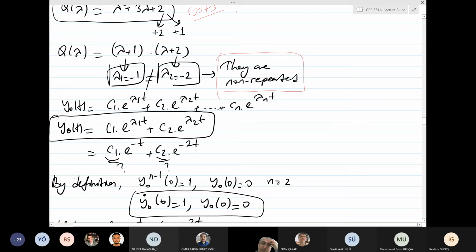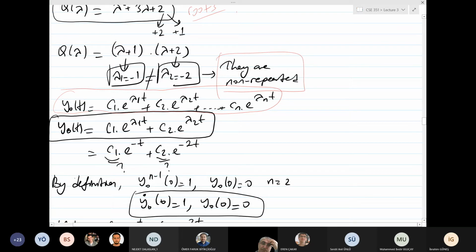If the roots are non-repeated, then we use this solution, right? That's the general case. For the two root case, it is equal to C1 times exponential lambda 1 t plus C2 times exponential lambda 2 t.